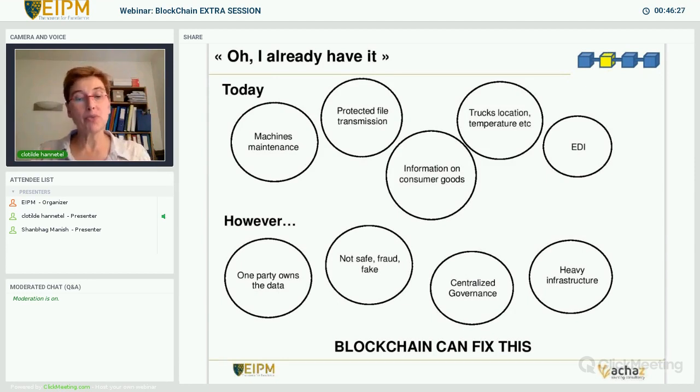And as seen before, the blockchain is fixing all these issues of the governance of the data, where it is collected, if it is accessible by one part or by all parts, and to have a lighter infrastructure in order to give this access to data to all the actors.